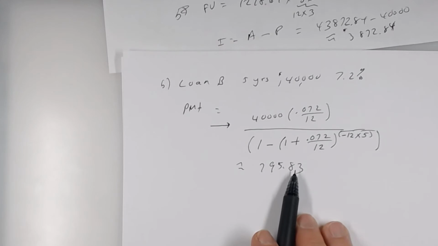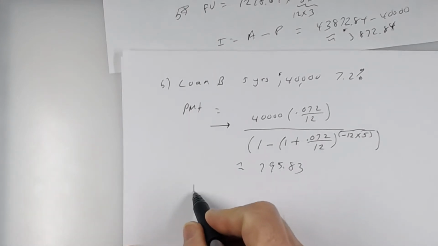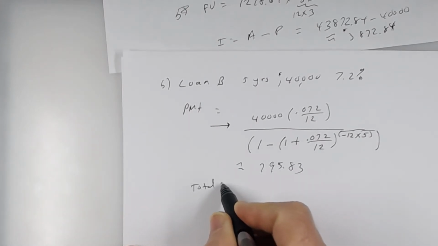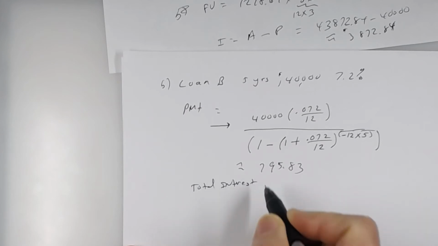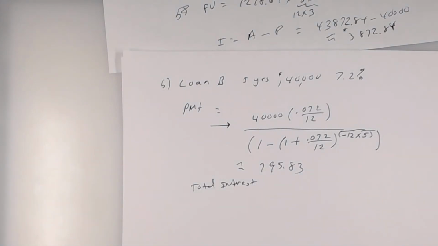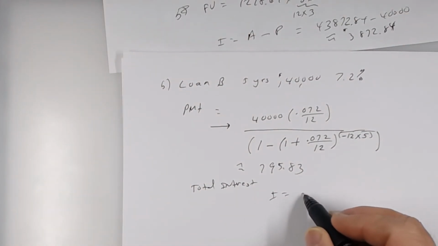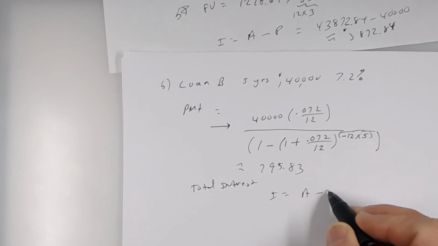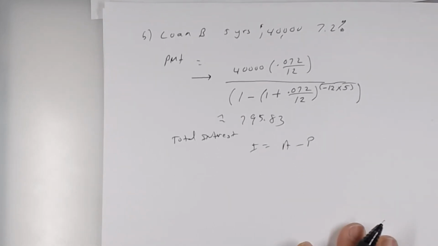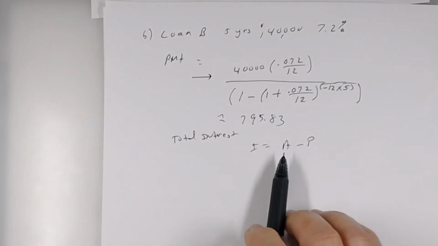How do I find the total interest? What do I need to do? How do I find the total interest that I paid? So the interest I paid will be the future value, which is A, minus how much I borrowed, right? How do I find my future value?